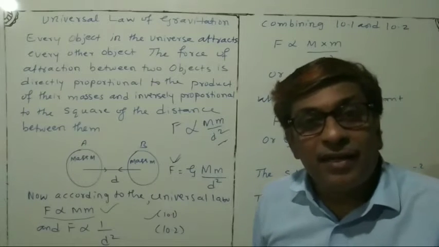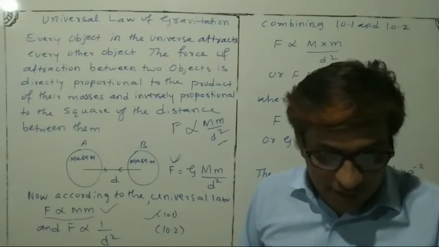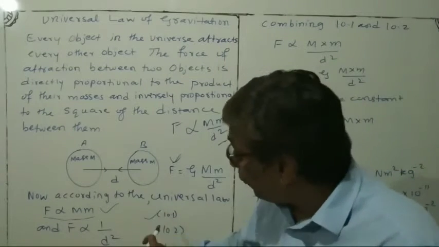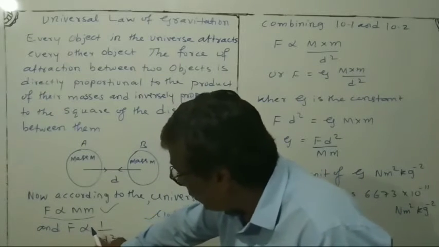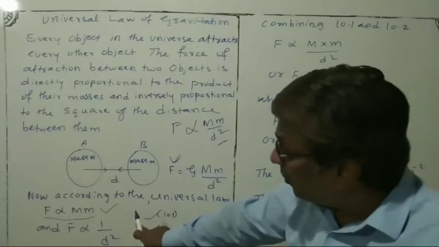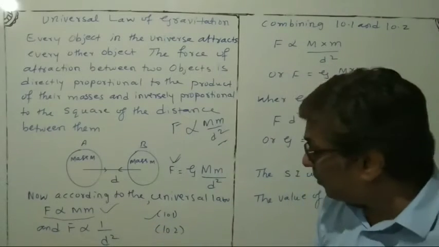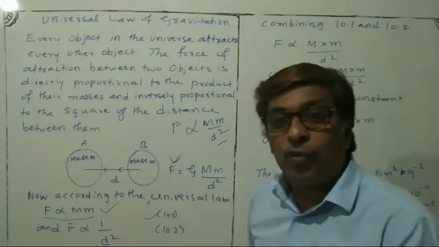And the force between the two objects is inversely proportional to the square of the distance between them. That is why you write here that force is proportional to 1 upon d square. So you got equations 10.1 and 10.2.